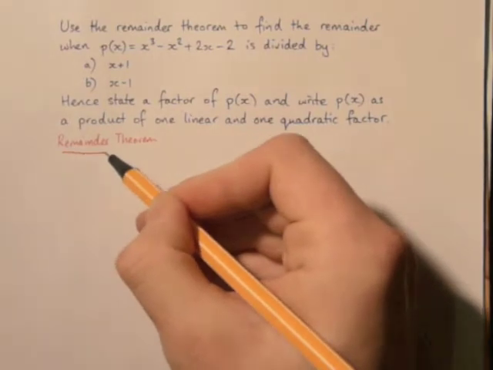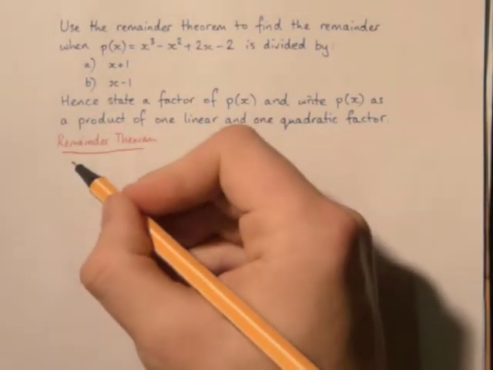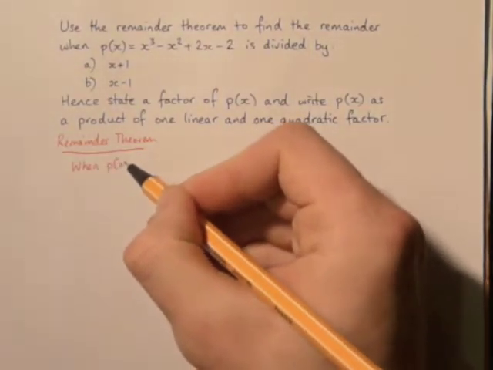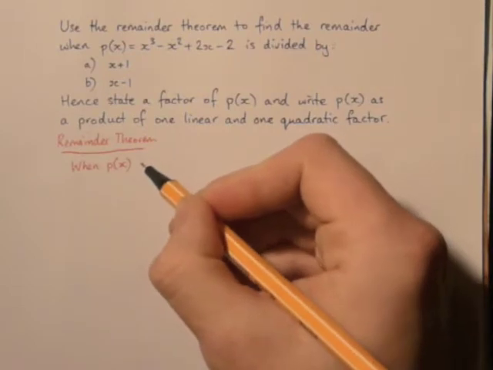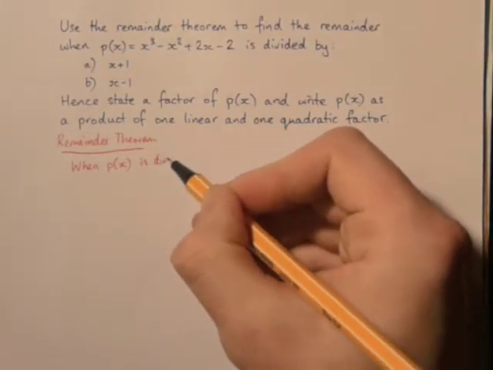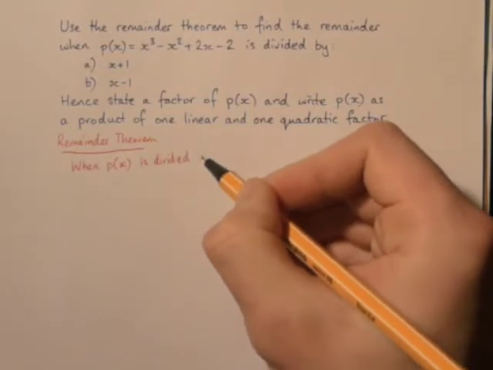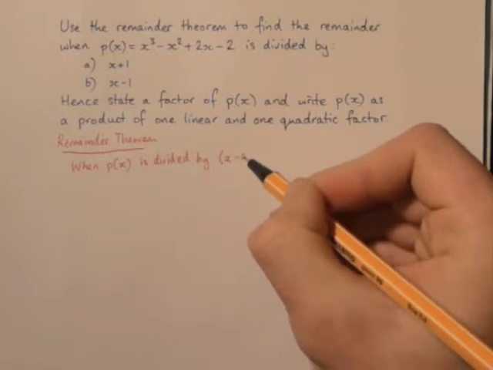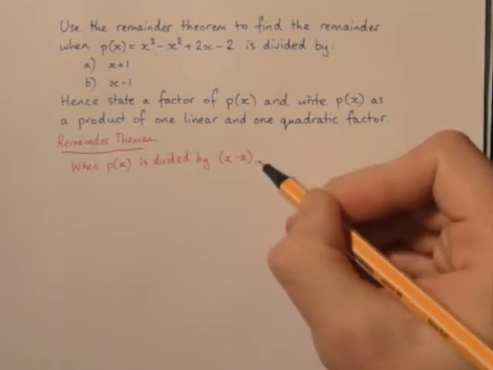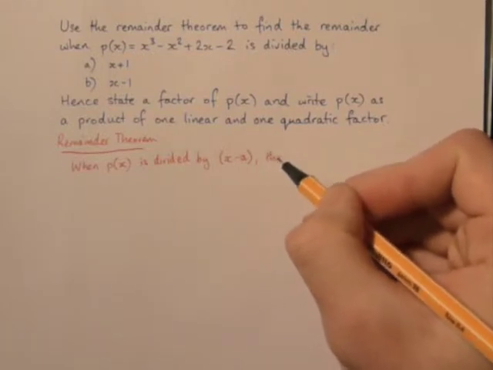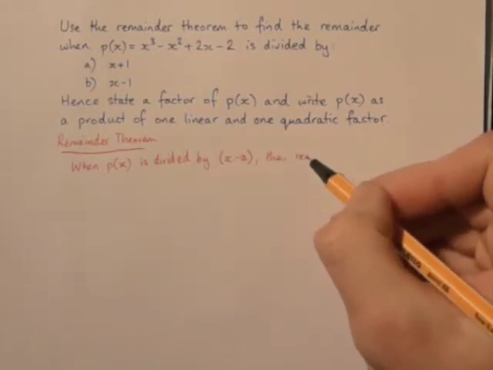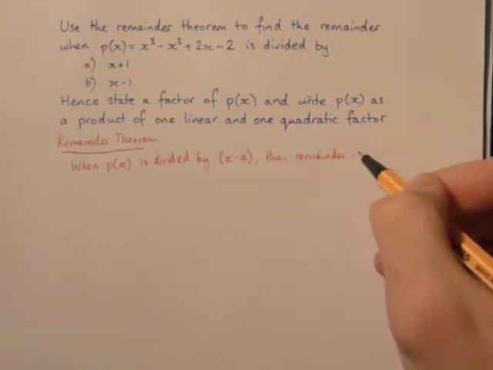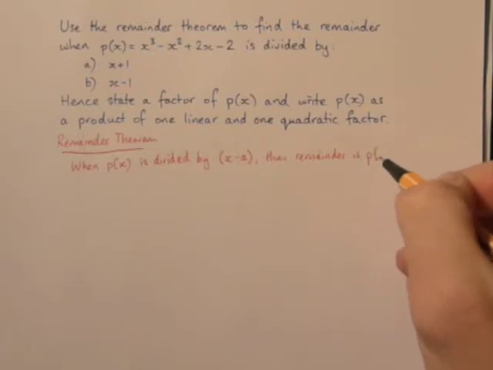And the remainder theorem says that when a polynomial p of x is divided by some factor x minus a, then the remainder is p of a.